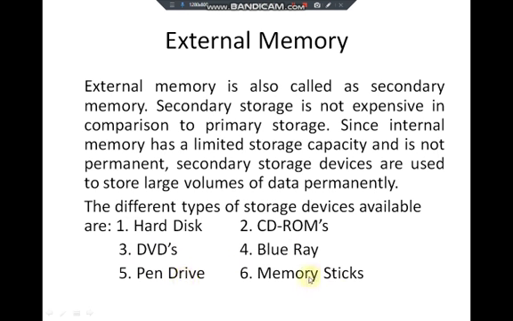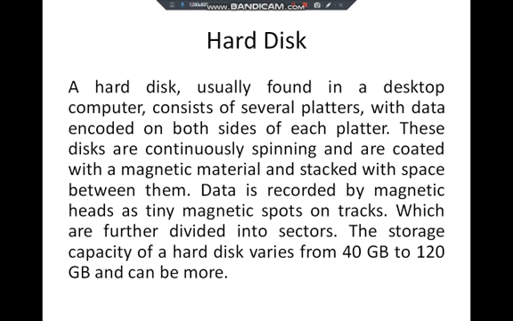Next we have external memory. External memory is also called the secondary memory. Storage is not expensive in comparison to the primary storage, since internal memory has a limited storage capacity and is not permanent, but the secondary storage devices are used to store large volumes of data permanently.